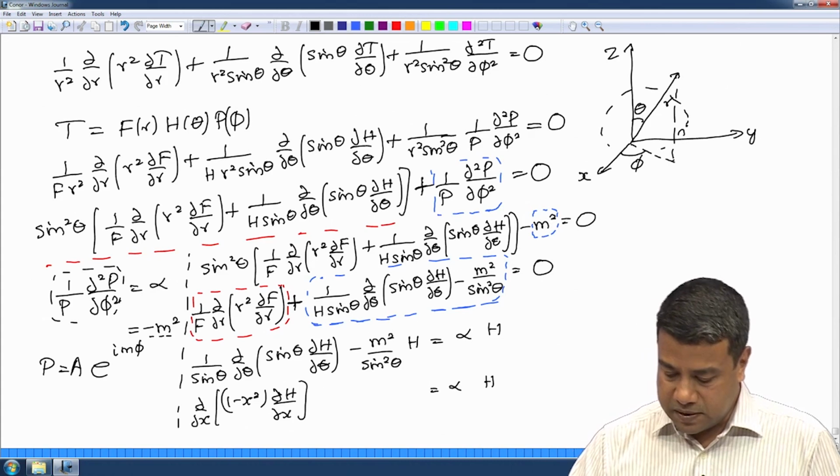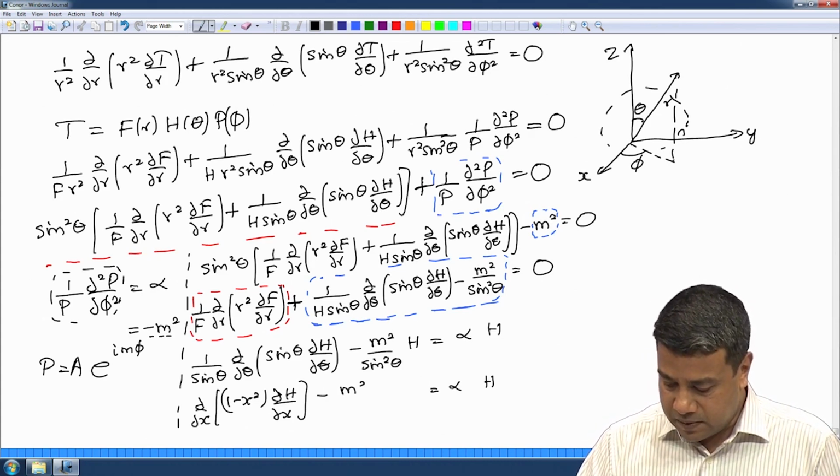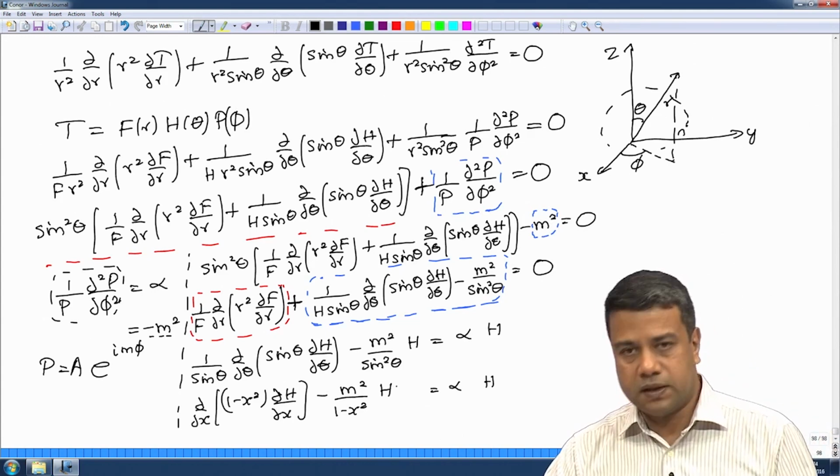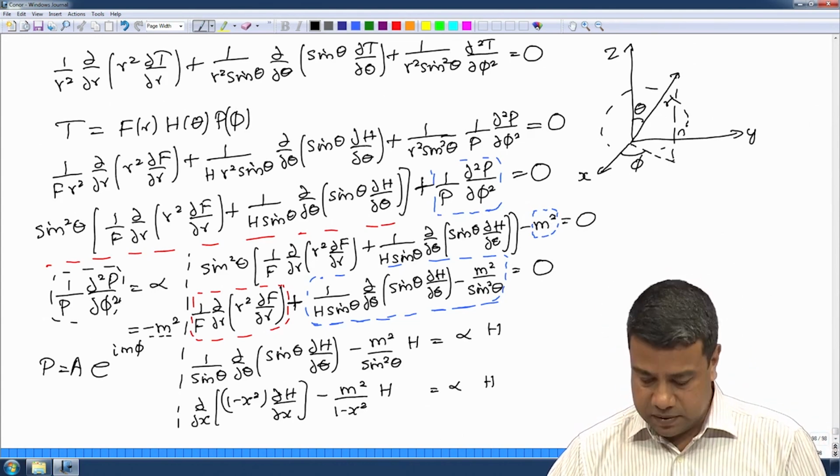In this case, when m is not equal to 0, I get minus m square by 1 minus x square into h is equal to alpha times h.